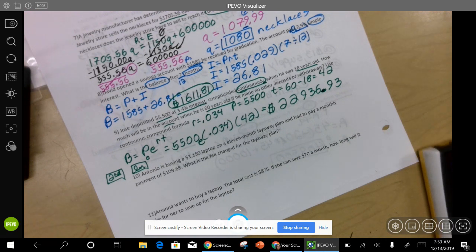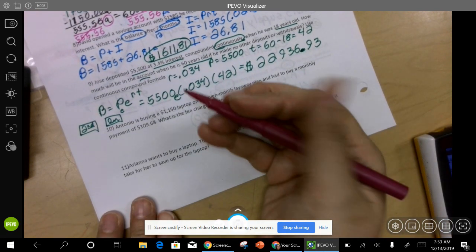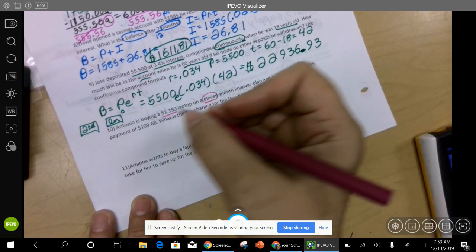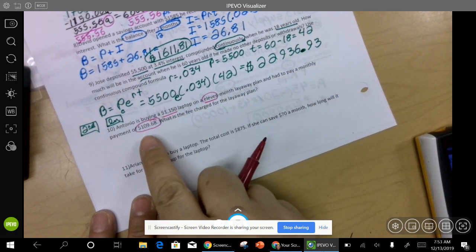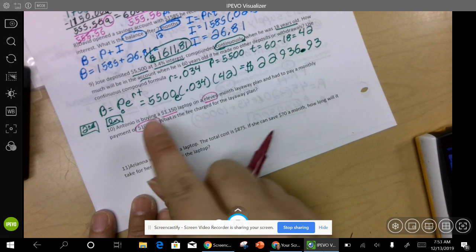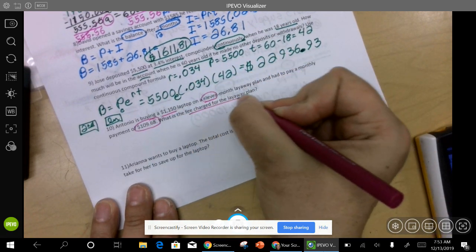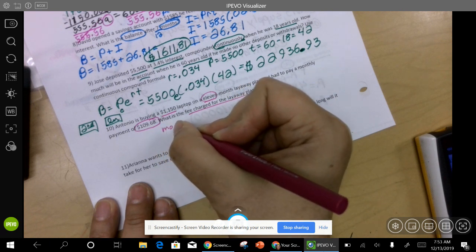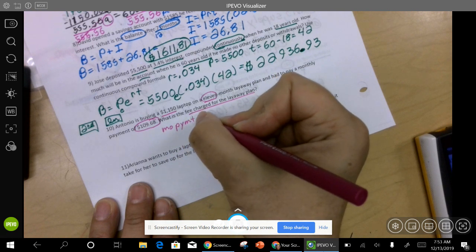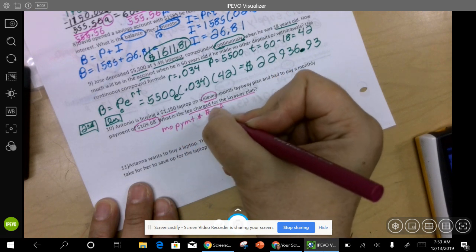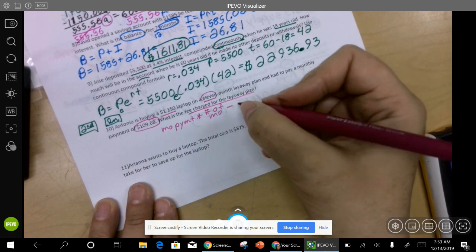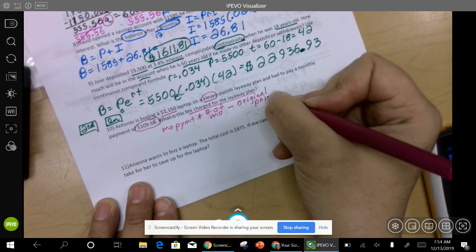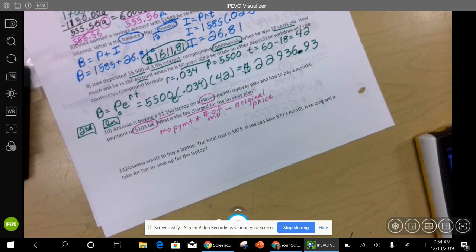Okay, Antonio's buying a laptop for $1,150 on an 11-month layaway plan, and has to pay a monthly payment of $109.68. What's the fee charged? Okay, so it's going to be monthly payment times the number of months minus the original price. So I'm going to go ahead and substitute those in.